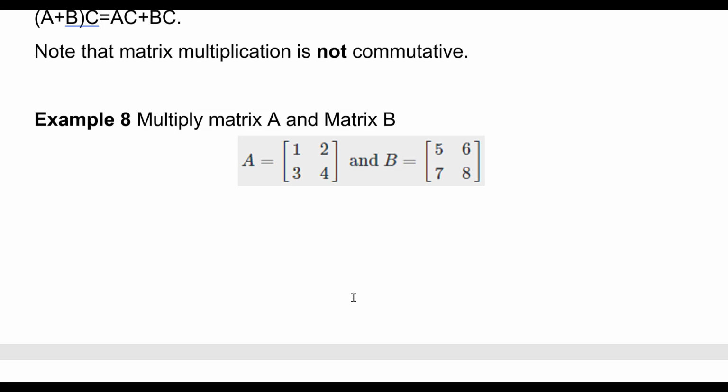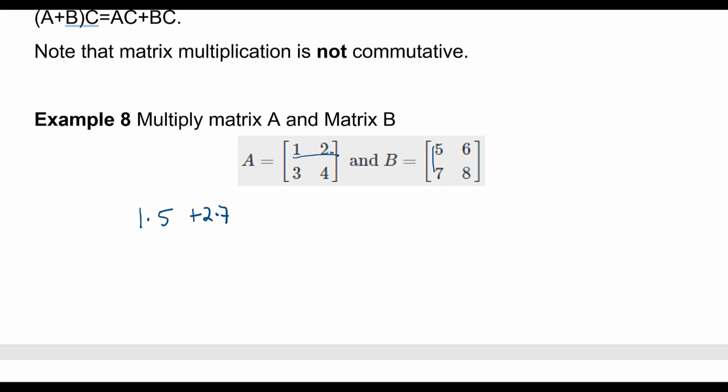So we're going to start with a 2 by 2 times a 2 by 2. And so we're going to start off with this row times this column. So it's 1 times 5 plus 2 times 7.